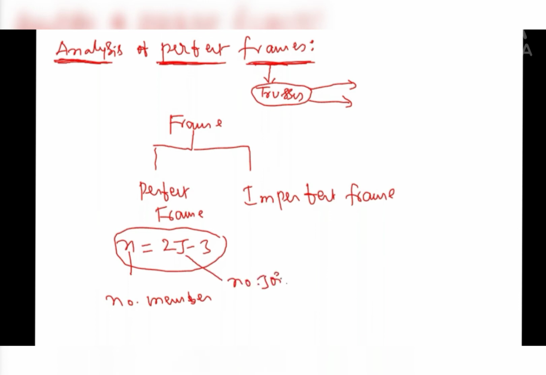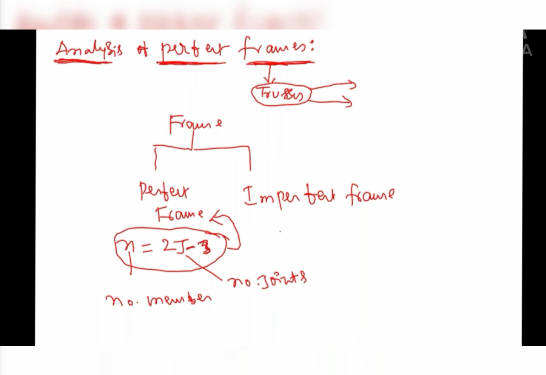If a particular frame satisfies this equation, n is equal to 2j minus 3, that means the number of members should be equal to 2 times the number of joints in the frame minus 3, right? Then we will call that frame a perfect frame.